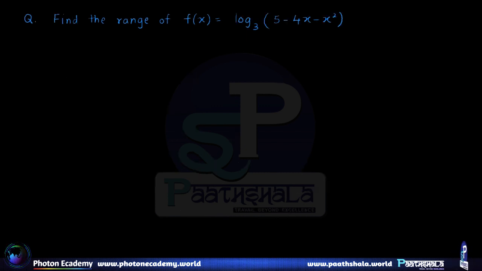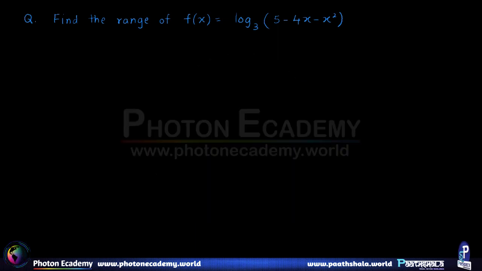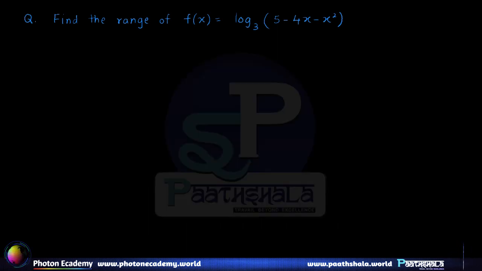Find the range of f of x equal to log of 5 minus 4x minus x square to the base 3. Now here we see that a logarithmic function is given and the base is a positive number greater than 1. Okay, so we keep that in mind.